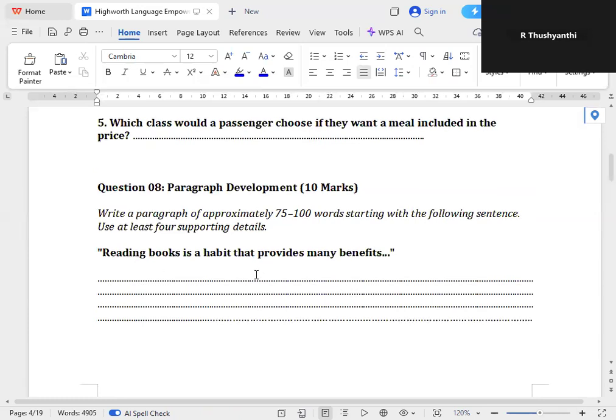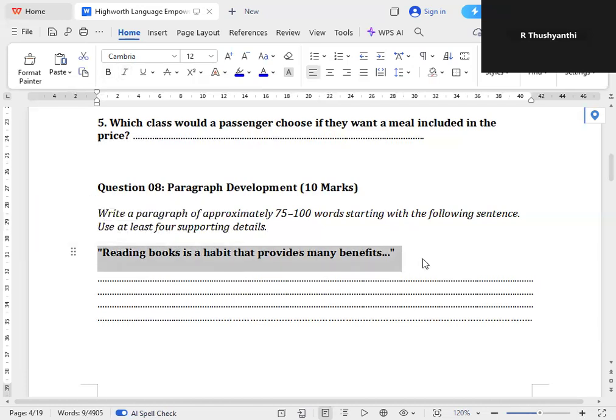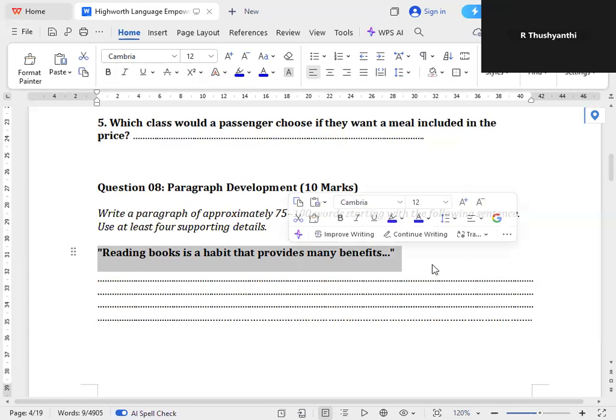And the first sentence has been given. Now the question is writing a paragraph on what topic? The topic has not been given, so you have to decide. There's a clue in the first sentence about what you are going to write. This is the starting sentence of your paragraph.